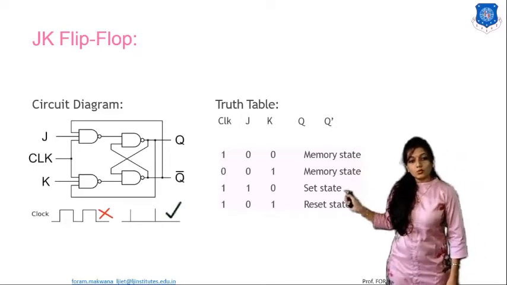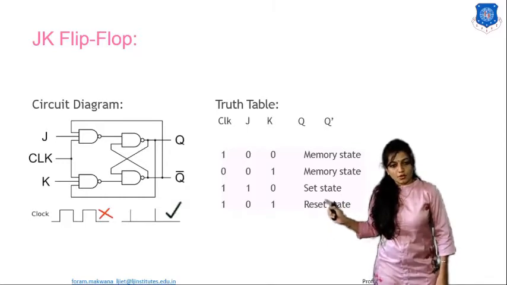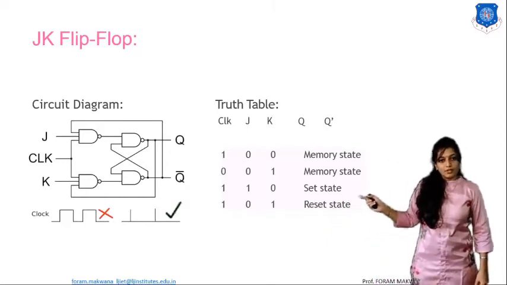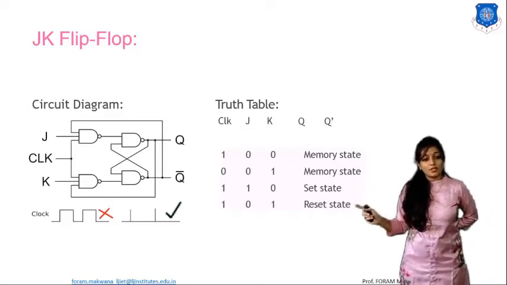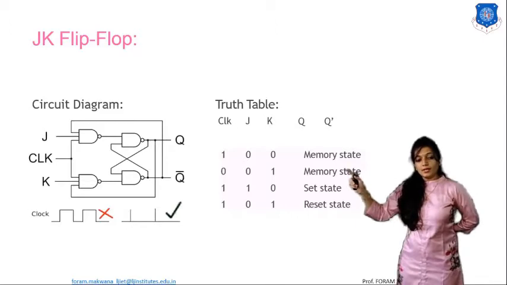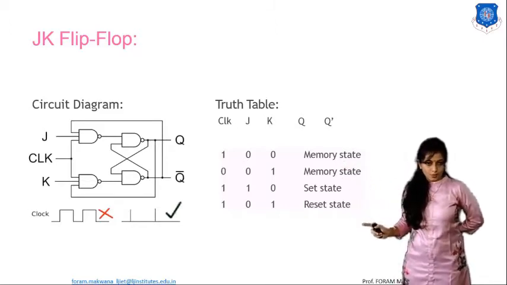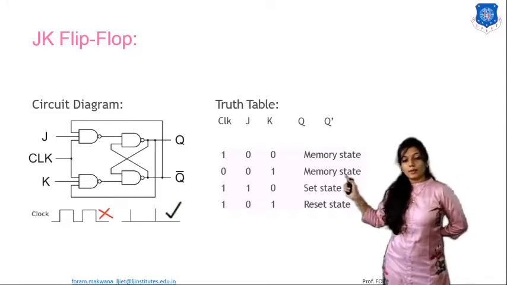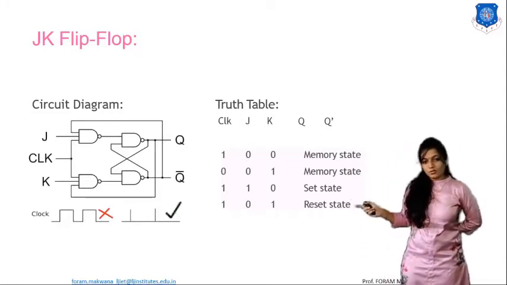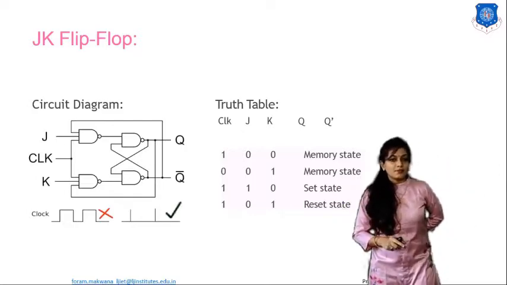Alright, so Q and Q bar will be changed accordingly. Apart from that, we know that if J and K are both 0, 0, the outputs of the 1st and 2nd NAND gates are 1, 1. Okay, so that 1 is going to be applied to the 3rd and 4th NAND gates. So based on the previous state Q and Q bar, my output is going to be changed.